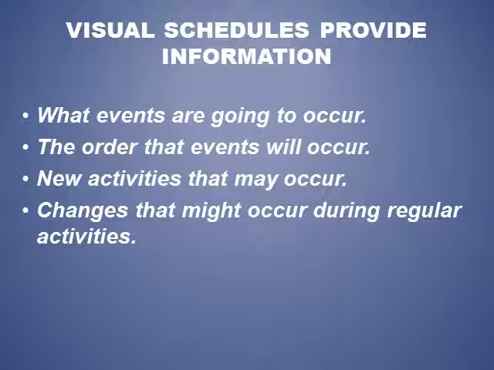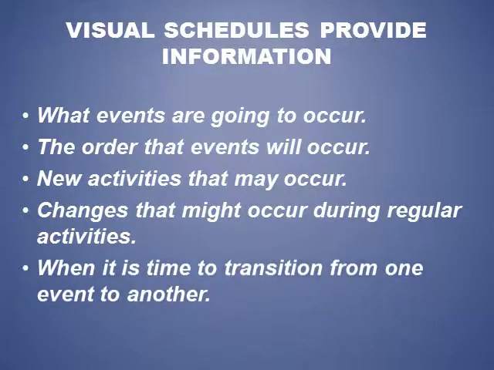They can also communicate any changes that might occur during regular activities in your Sunday school classroom or on Sunday mornings at church. Again, change can be a source of anxiety or stress, and visual schedules can communicate that change ahead of time and thereby reduce anxiety and stress. Also, visual schedules can provide information about when it is time to transition from one event to another.